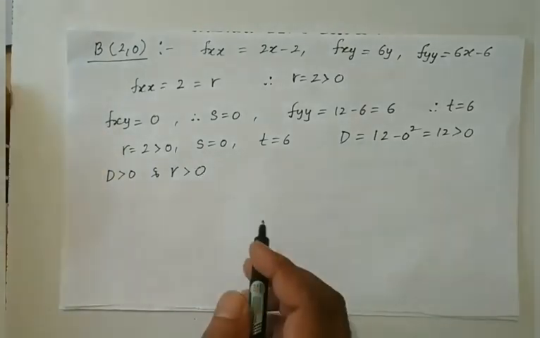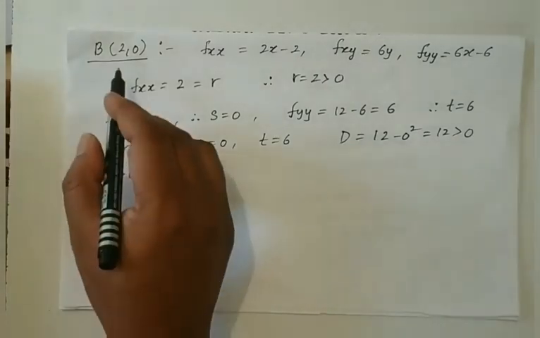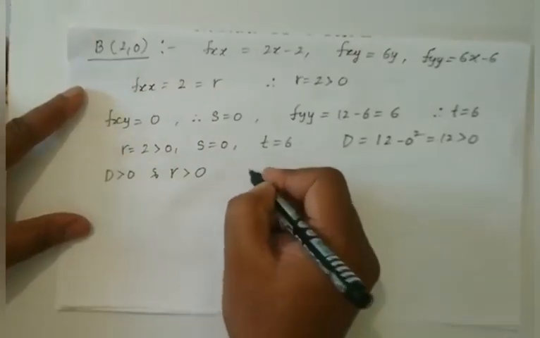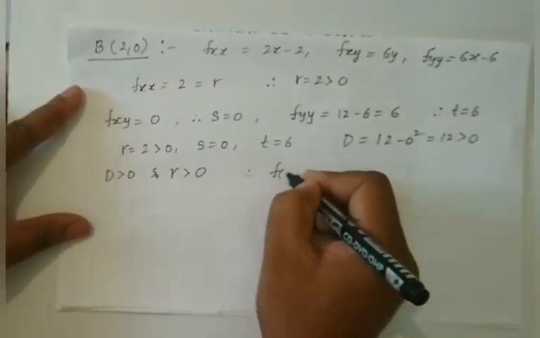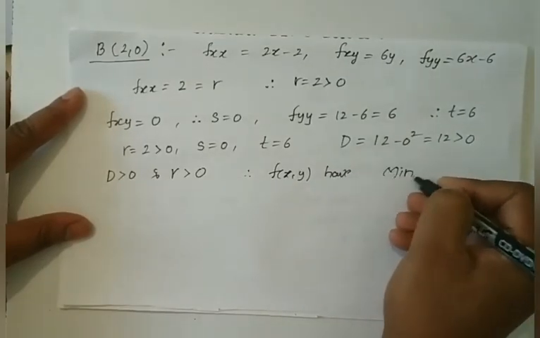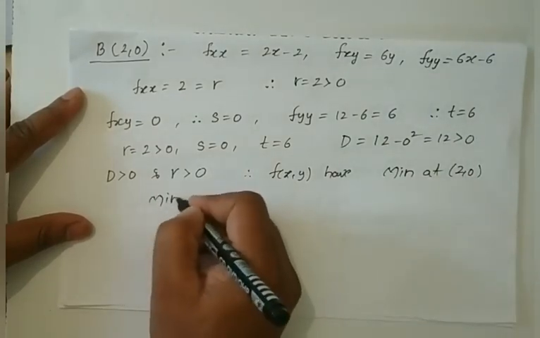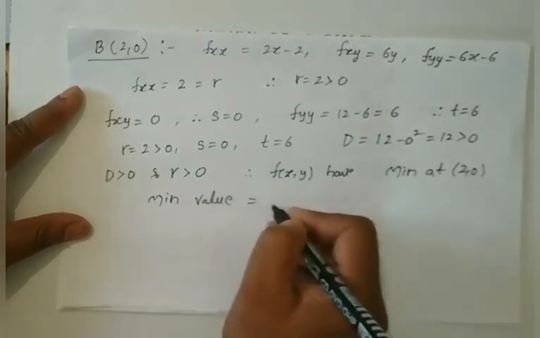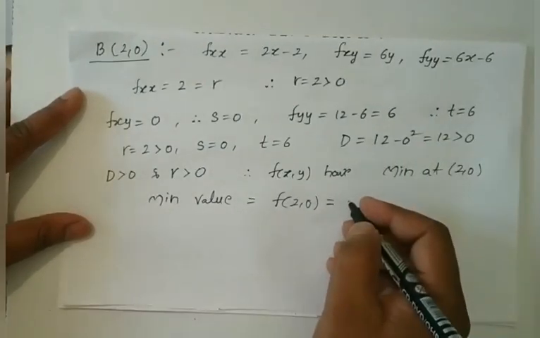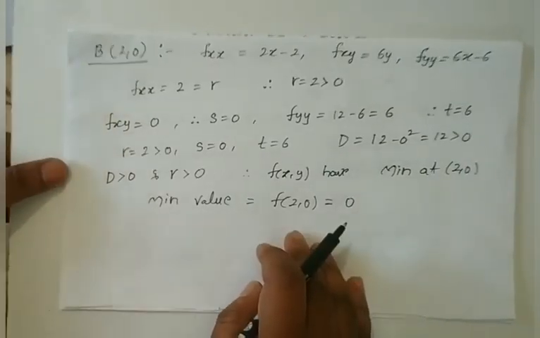So the function f of x, y has a minimum at the point 2 comma 0, and the minimum value is f of 2 comma 0, which is 0. Please check it. Minimum value is 0, maximum value is 4.